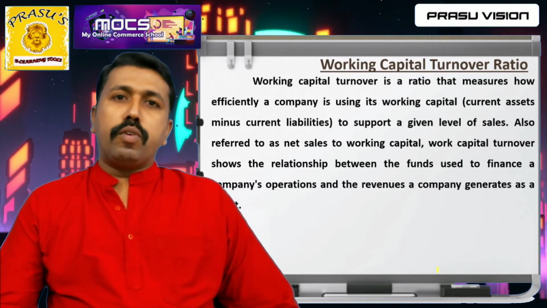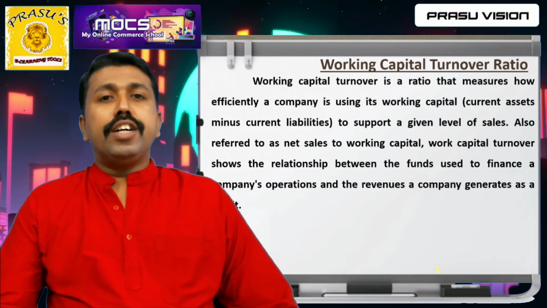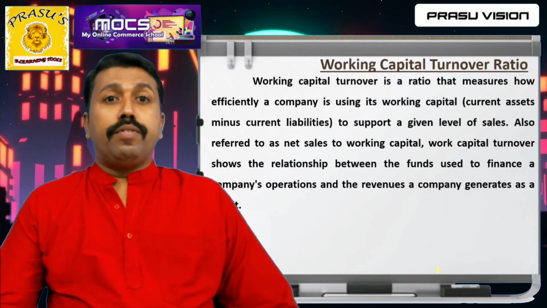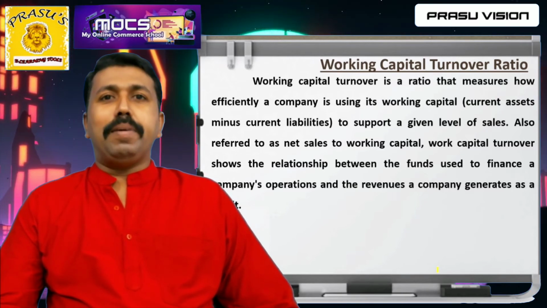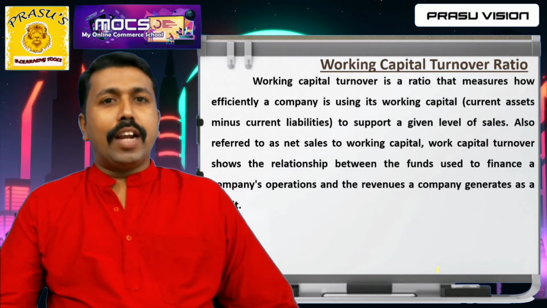You know the concept of working capital, the amount of money invested in business for meeting day-to-day activities. That means when we are investing 5 lakh rupees as the working capital, what will be the turnover? That is the ratio we are going to calculate.